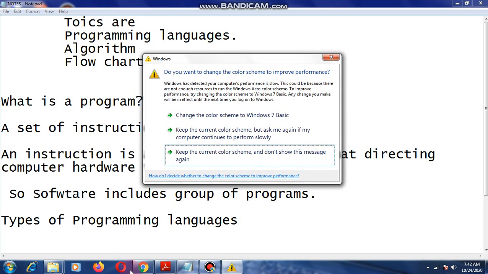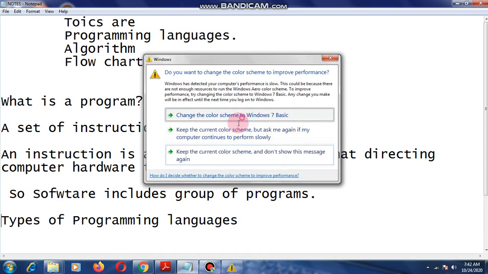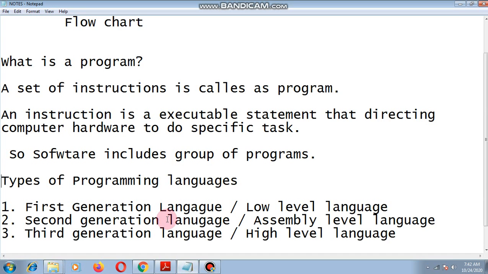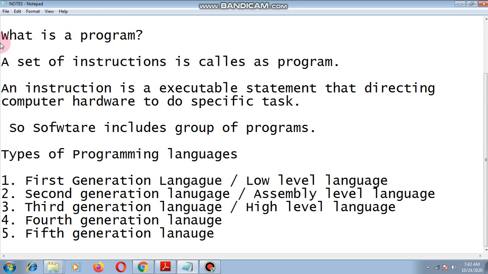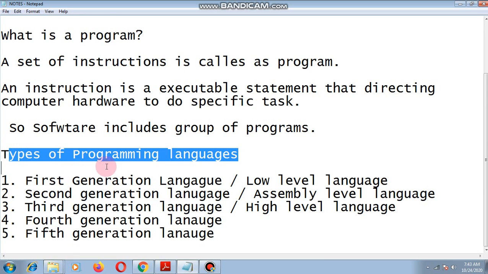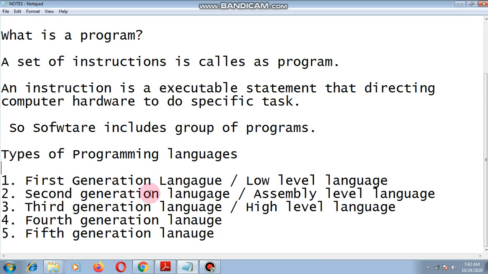Next, types of programming languages. Different types of programming languages are categorized as first generation, second generation, third generation, fourth generation, and fifth generation programming languages.